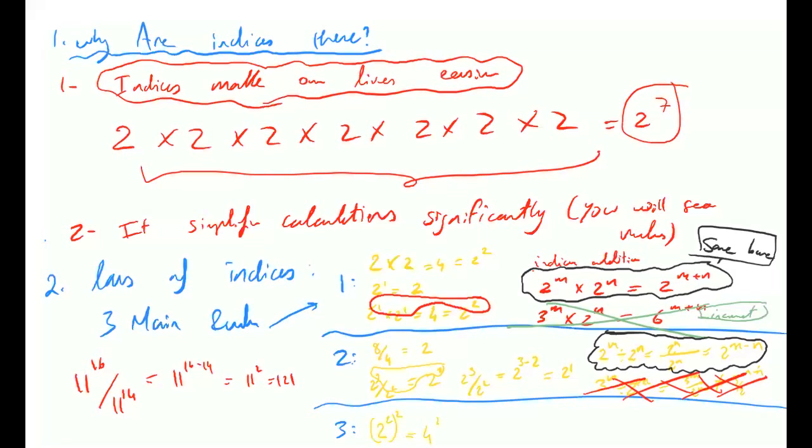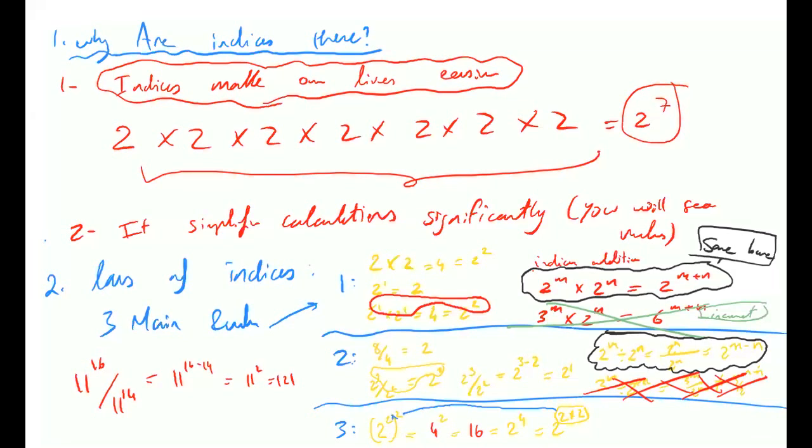Because 2 power 2, let me change the colors a little bit, is 4, so it's 4 power 2, right? And 4 power 2 is equal to 16. And 16 is equal to 2 power 4, which is 2 power 2 times 2. So we multiplied the powers.